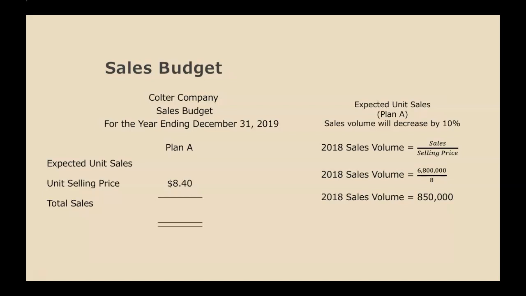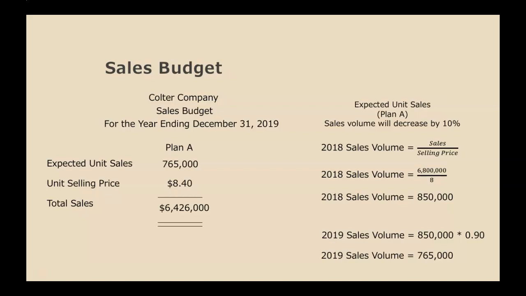So now we can figure out, okay, if we want to decrease that by 10%, we can multiply 850,000 times 90% or times 0.9. And we see that in 2019, we're going to sell 765,000 units. So we can toss that in there for the expected unit sales.